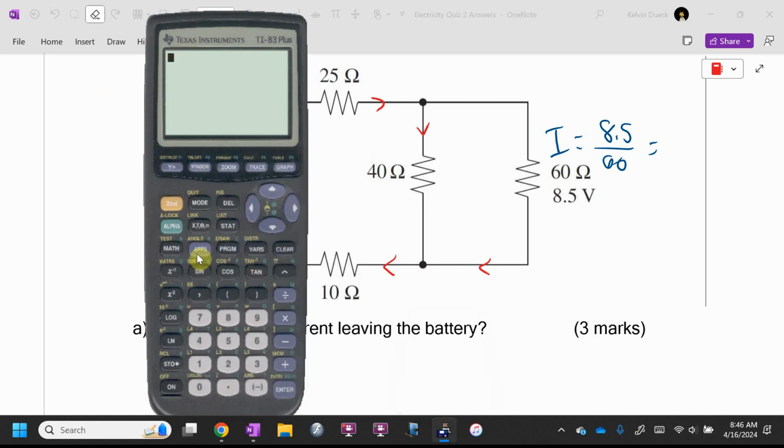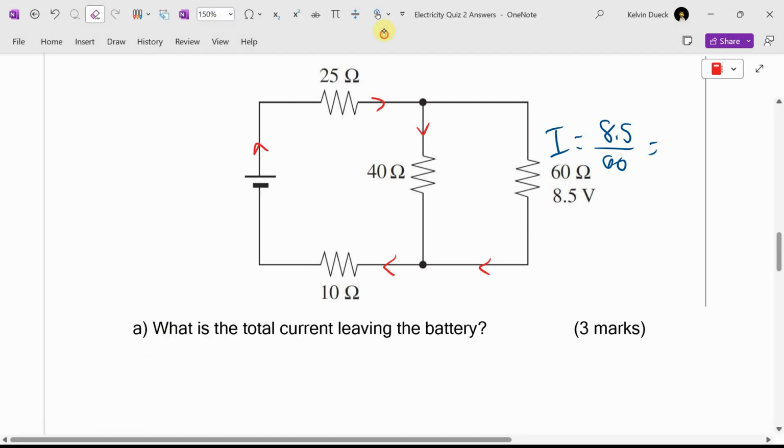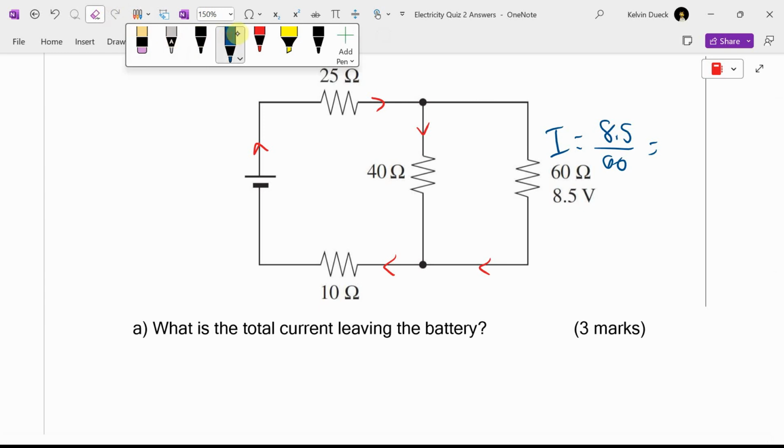So there we go. 8.5 divided by 60. Okay. It's that 0.14167.